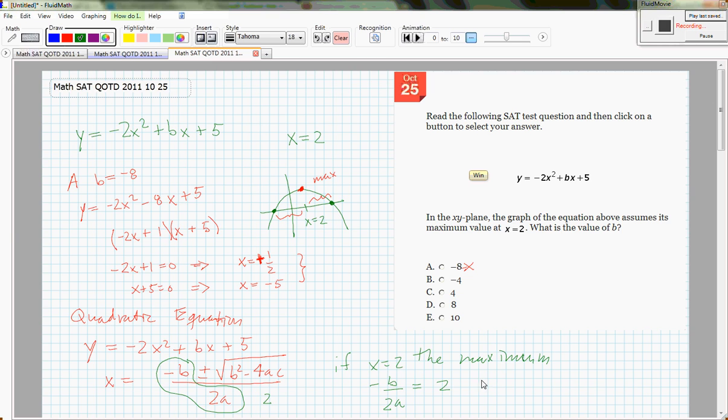A is minus 2, so minus b equals 2 times 2a, which equals 2 times 2 times minus 2.